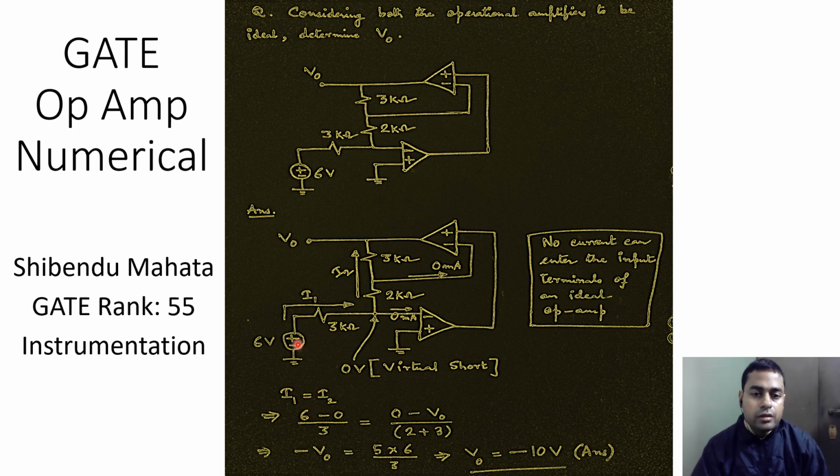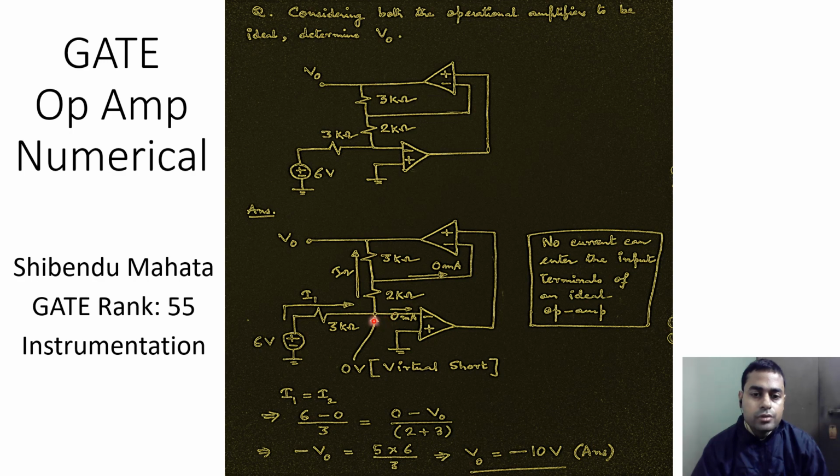Now what is I1? I1 is the difference between the voltage at this node minus the voltage at this node divided by 3 kilo ohms. So I1 is equal to 6 minus 0 volt divided by 3 kilo ohms, which is equal to 2 milliampere. And what can we find out for I2?